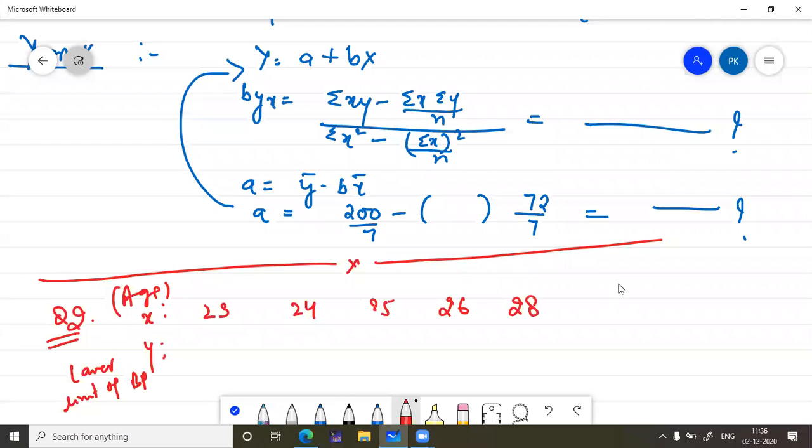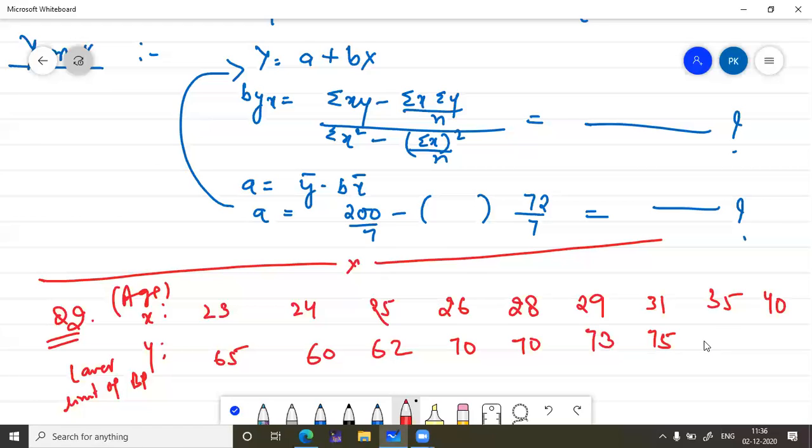This is the data of the patients, so according to their age, their BP ranges are 65, 60, 62, 70, 70, 73, 75, 83, 90.